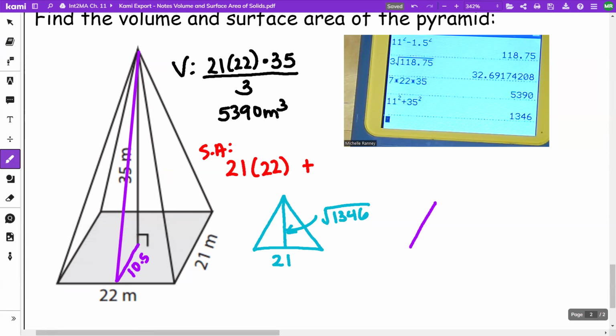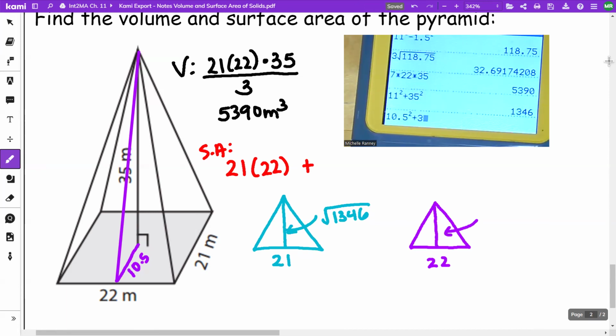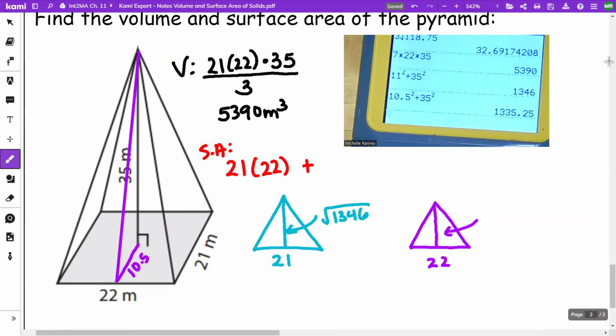So for my triangle that's a 22, I'm trying to find that using Pythagorean. So I'm going to go 10.5 squared plus 35 squared. And I get the square root of 1335.25.